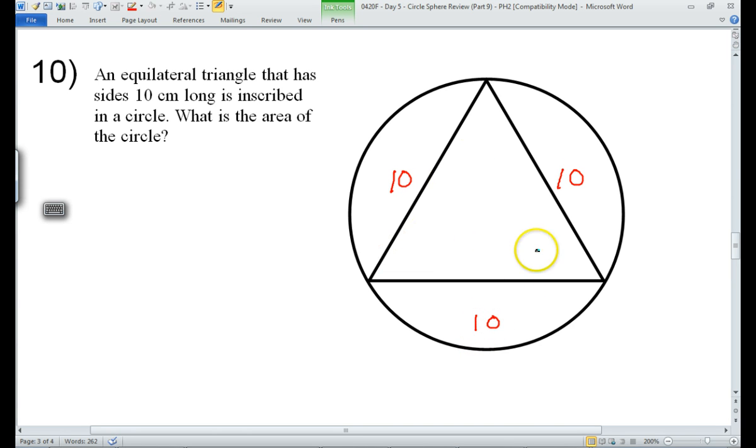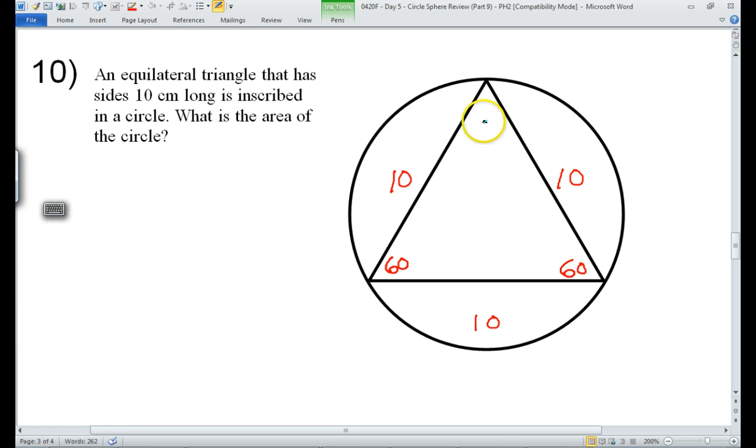But we know an equilateral triangle will always have 60-degree angles. So this is 60 and 60 and 60. Again, I know these are all going to be 60 degrees because a triangle has 180 degrees total. 180 divided by 3 is 60.